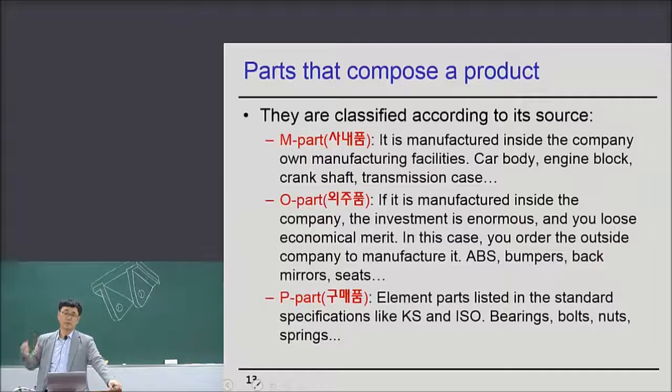For example, bolts, nuts, bearings, and springs are element parts. The drawings are already listed in the brochure or Korean standard. So these are the purchase parts.